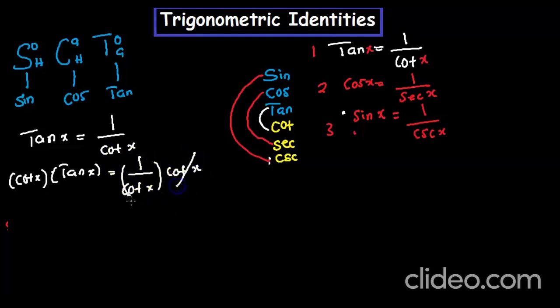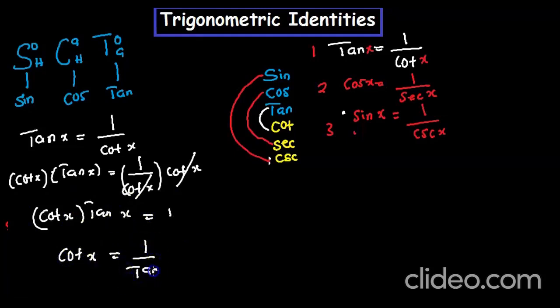Notice that cot will cancel cot, and we will be left with cot x tan x equals 1. And at this point, cot x, with tan coming down, is going to be 1 divided by tan x, and this is our answer.